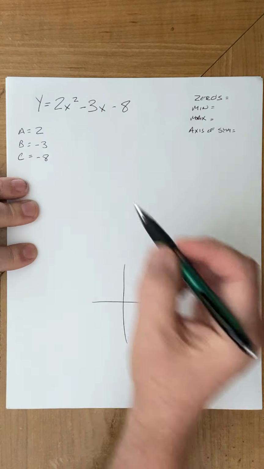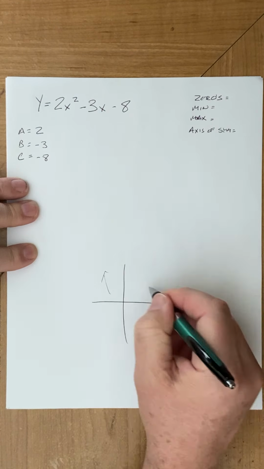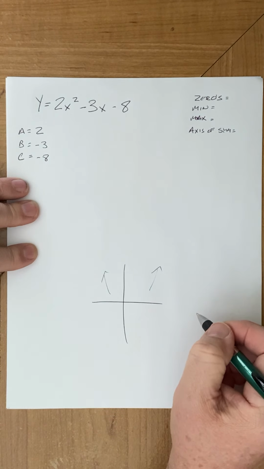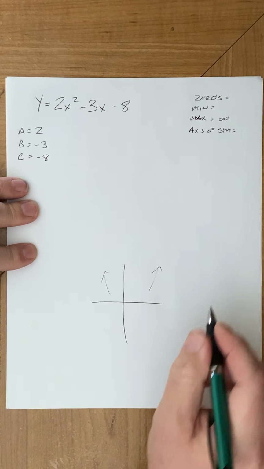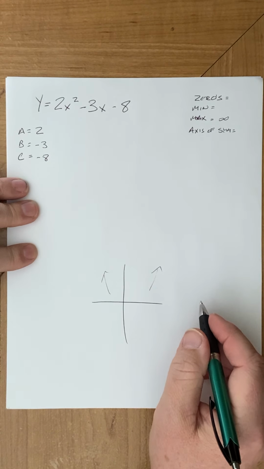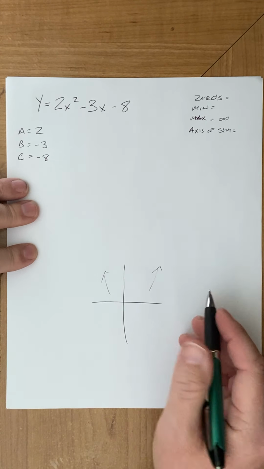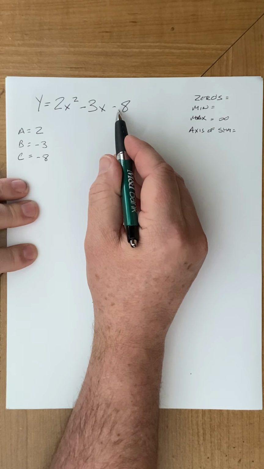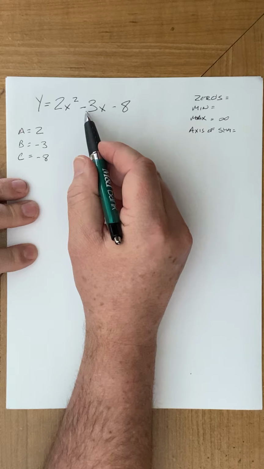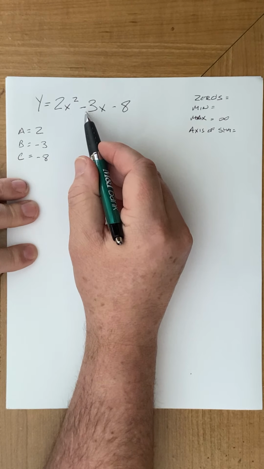And it's positive, so it's going to be going upwards. So that tells us right now the max value is going to be infinity. It's being pushed over to the right. I know this is negative 3, but since it's negative, it's going to be pushed over to the right.